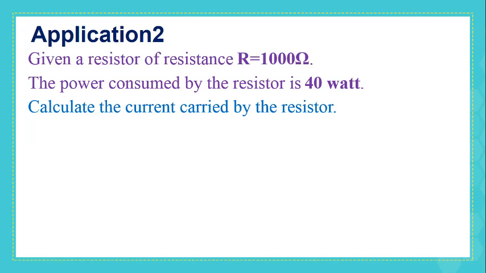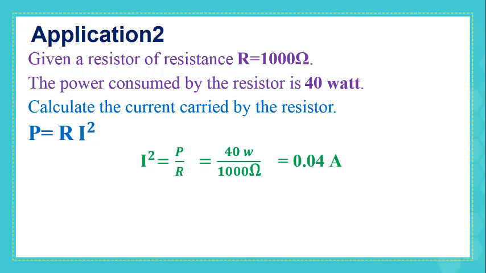The power consumed by this resistor is 400 watt. Solve this application, then check your answer. Here we have to calculate the current carried by the resistor. Power equals RI squared. To calculate I squared, we have to divide power by resistance. So 40 watt divided by 1000 ohms, 0.04 ampere is the answer.